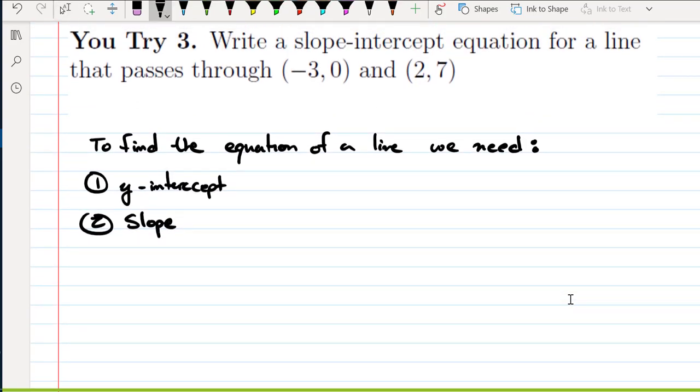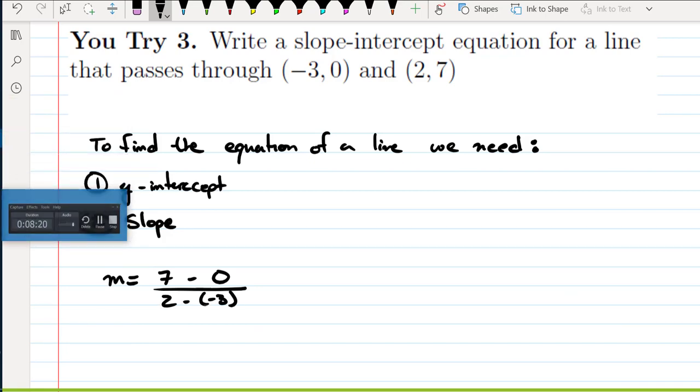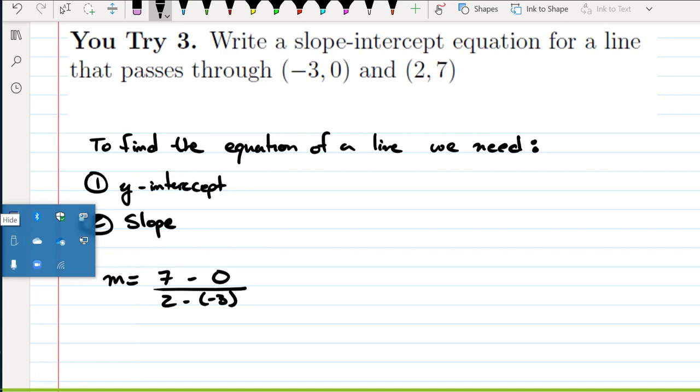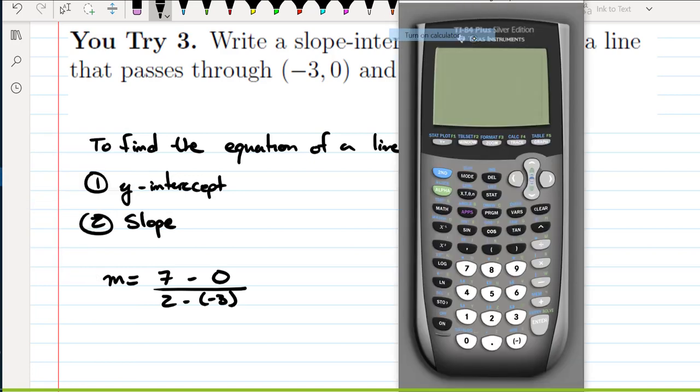If we need to find the slope, we have a formula for that. So it's y2 minus y1 over x2 minus x1. So 7 minus 0 over 2 minus negative 3. And we can do that on our calculator. So remember, to get the fraction on our calculator, we press alpha and y equals.